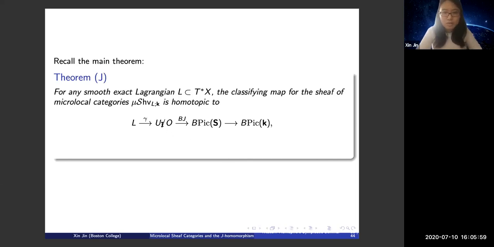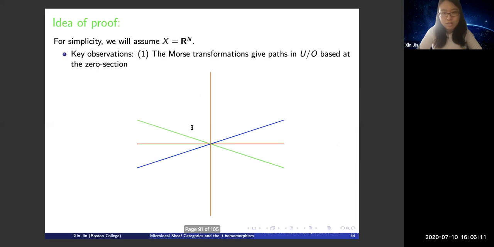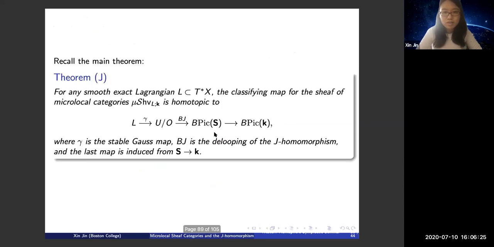That means, when you take a loop of U mod O, we have this standard presentation of the loops in U mod O. You just rotate by 180 degrees, so that gives you a loop, and that one is sent to the generator 1 in Z. So that's just a loop on L to Z, which is exactly the Maslov class.